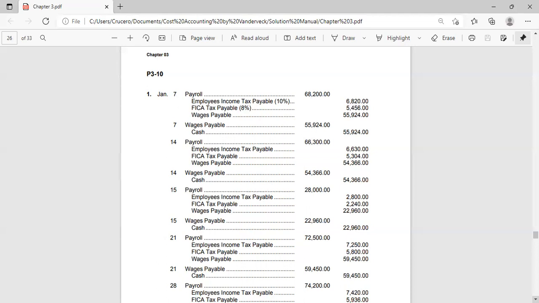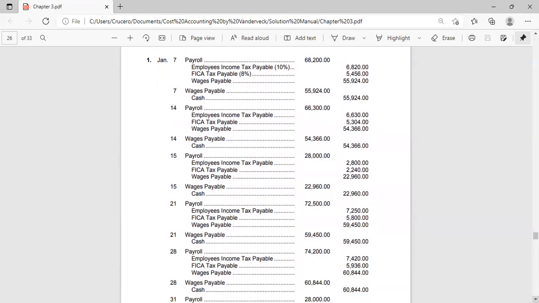So debit payroll, credit employees' income tax payable and FICA tax payable for the corresponding amounts at 10% and 8% respectively, and credit wages payable or accrued payroll. Then your next entry on January 21st is to pay the wages payable and credit cash.